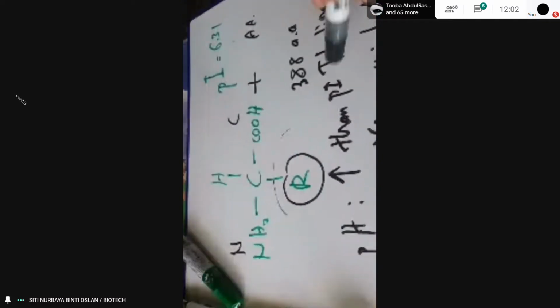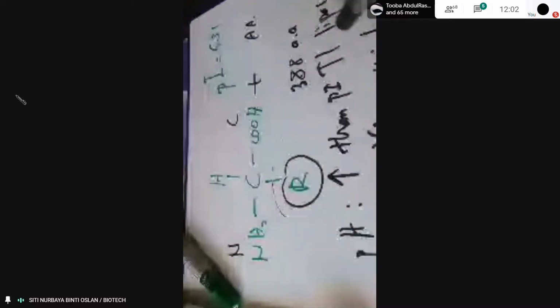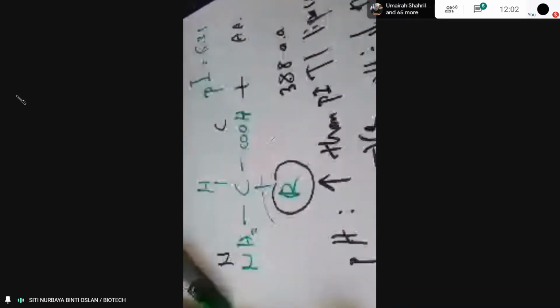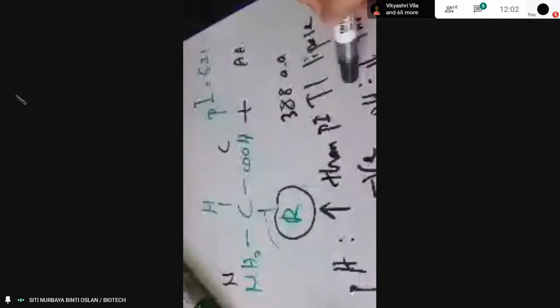If we want the T1 lipase to be positively charged, meaning that the pH needs to be lower than 6.31.